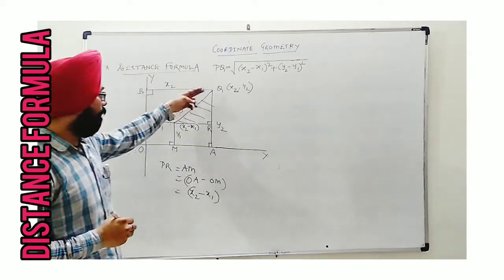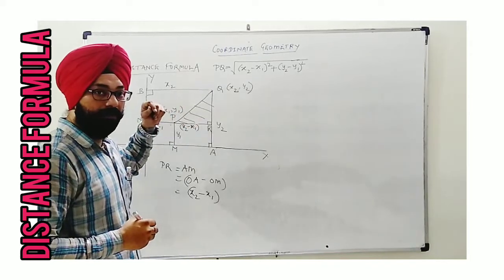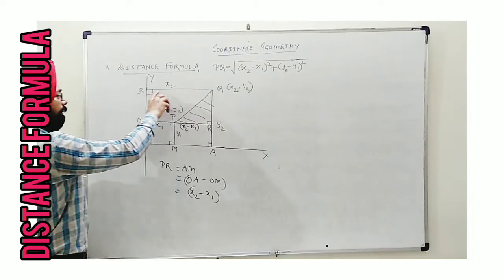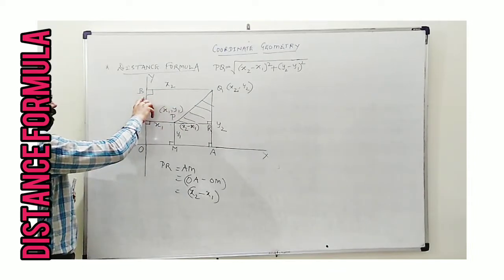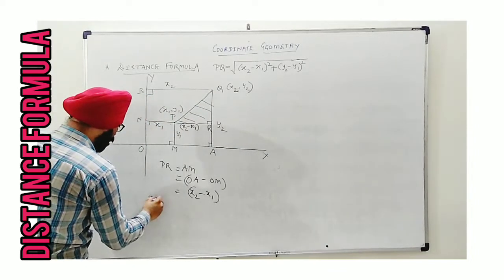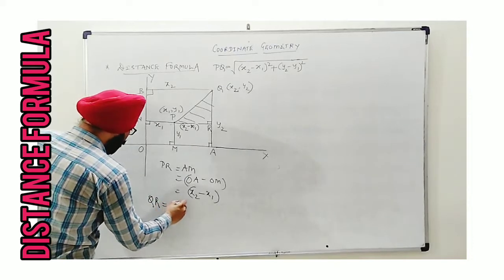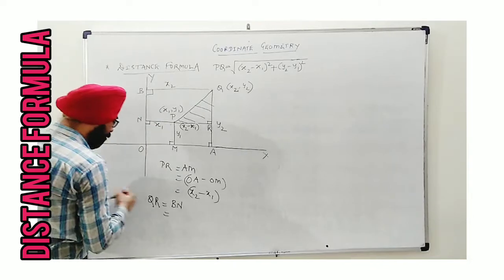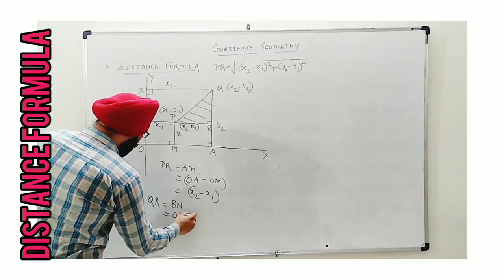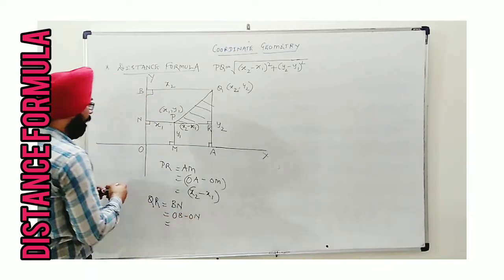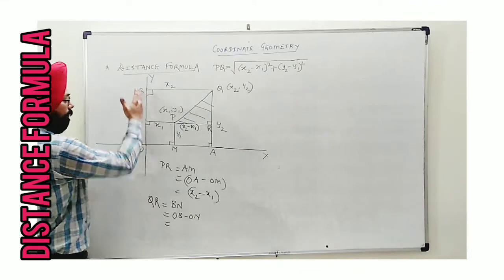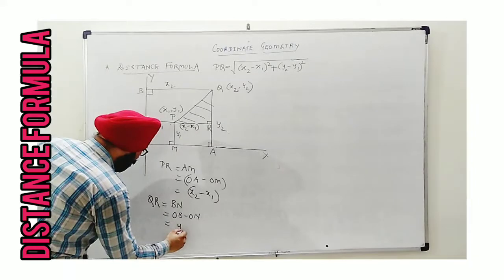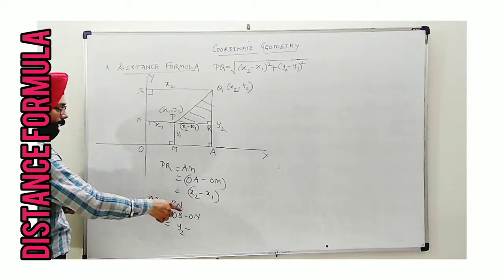The same way we are going to find QR, as we need. QR is equal to BN, and BN can be obtained as OB minus ON. OB is equal to this distance, which is y2, minus ON.